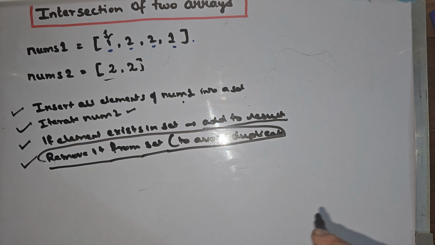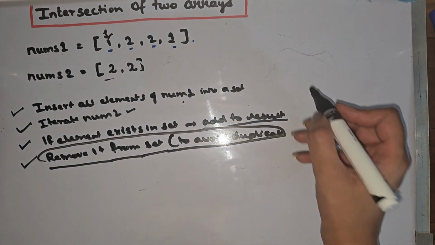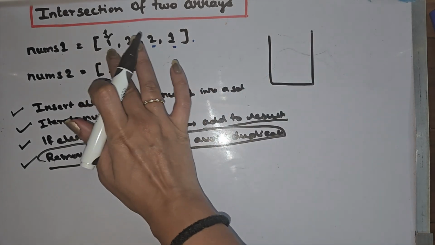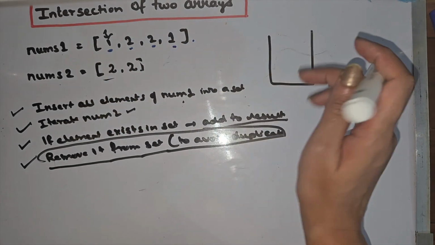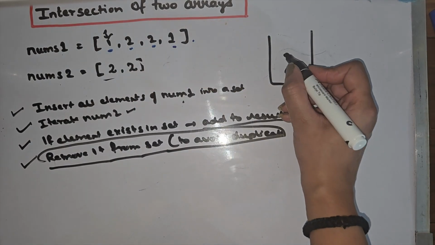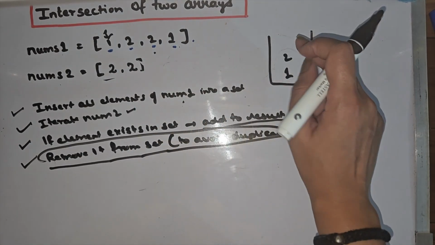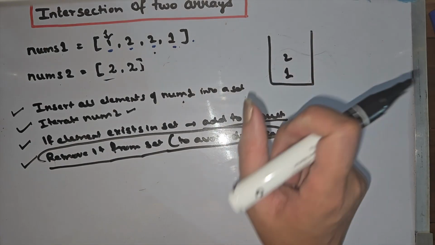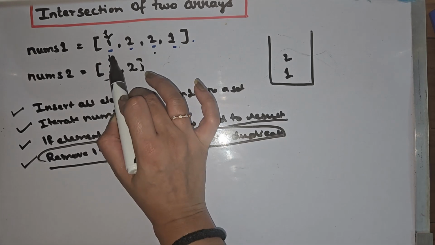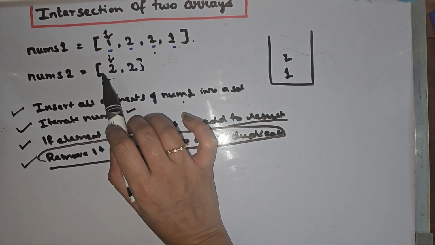So let's understand this solution. What we'll have is a set, and we will put elements into this set. So we will put 1, we will put 2, 2 is repeated, and 1 again. So the set now has these many elements. Now we will iterate through nums2. We have 2 in the beginning.